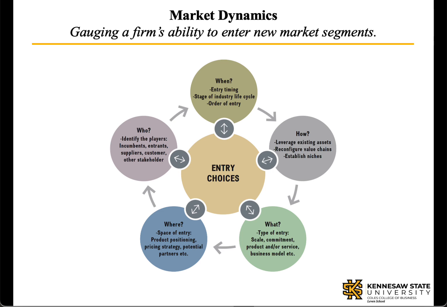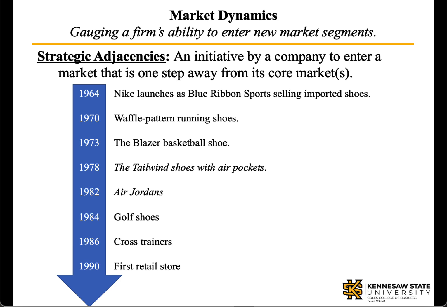Essentially, it involves dedicating resources in a way that enlarges a firm's business definition and changes its industry competition. These types of ventures require a great deal of confidence when answering the how, what, where, who, and when questions about market entry. Market entry through adjacencies involves a gradual expansion of a firm's business definition.